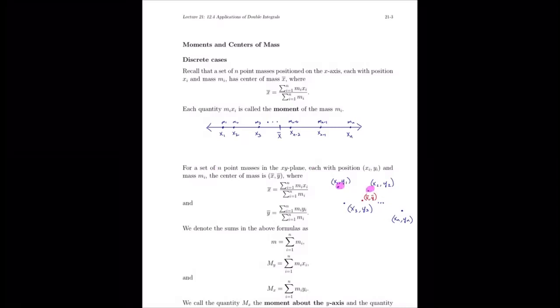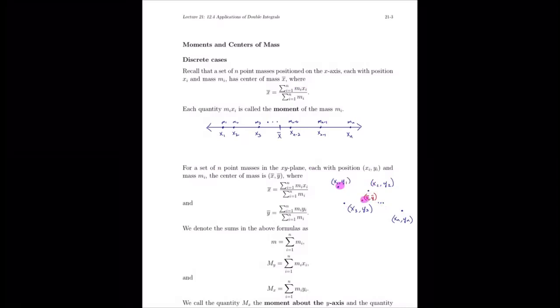I've done this somewhat arbitrarily, x1, y1 with mass m1, x2, y2 with mass m2, and so on, up to xn, yn for n point masses distributed throughout the plane with n different masses. And of course, this distribution of point masses will have a center of mass as well. It's a point x bar, y bar.